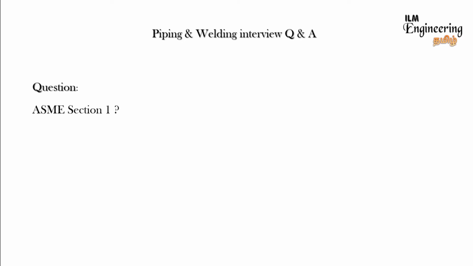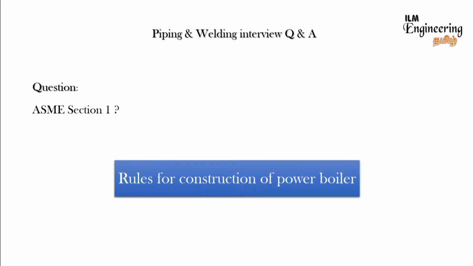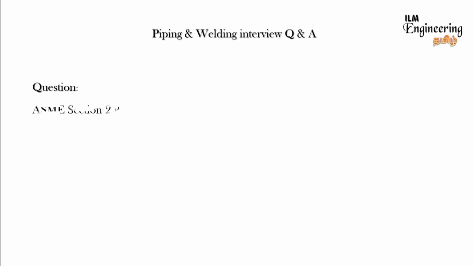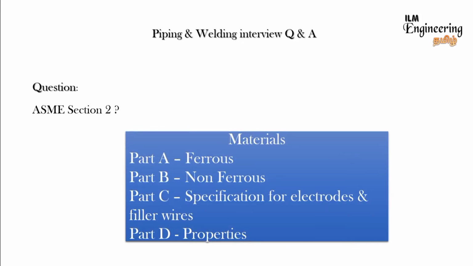ASME Section 1 Rules for Construction of Power Boilers. ASME Section 2 Materials. Part A Ferrous Material, Part B Non-Ferrous Material, Part C Specification for Electrodes and Filler Wires, Part D Properties.